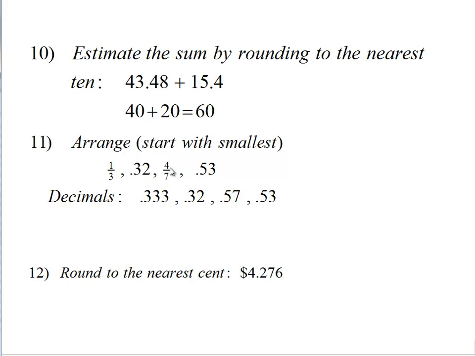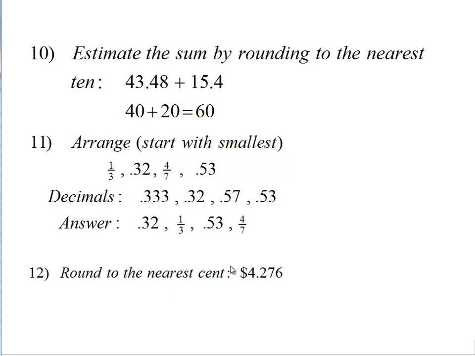If you type in your calculator 4 divided by 7, you should get 0.57, and then 0.53. So we want to start with the smallest. 32 is the smallest, then 33, then 53, then 57. So it's the 0.32, then 0.33, but that's actually 1/3, so you need to go back to what you started with. 0.53 was there we started, and then 0.57 came from the fraction 4 over 7.